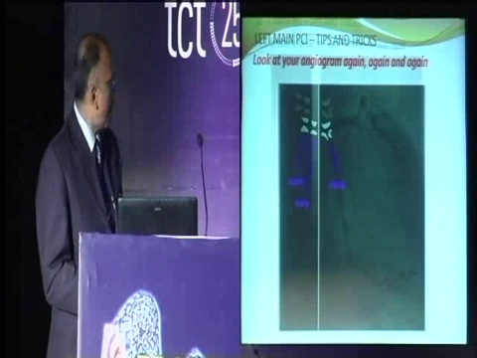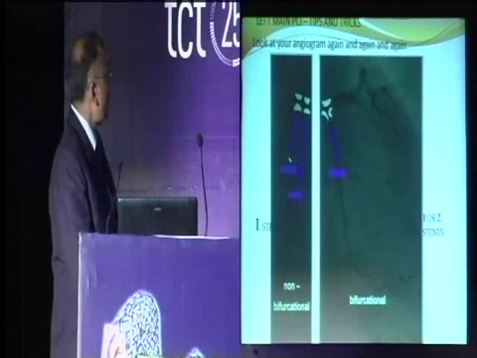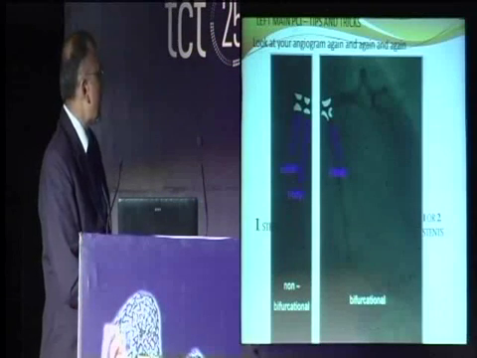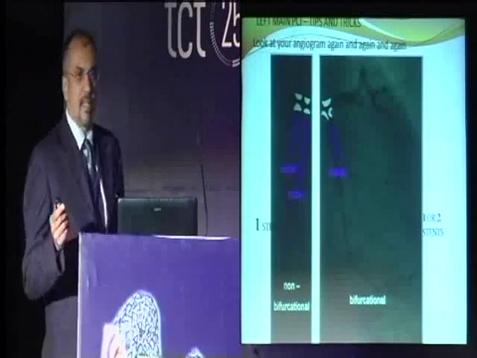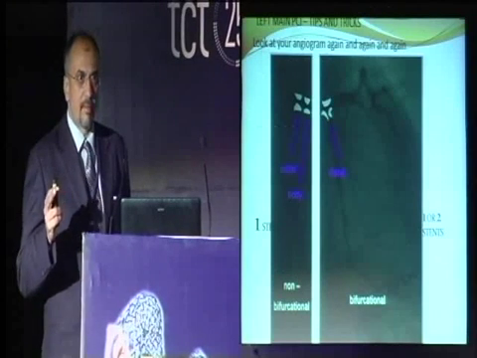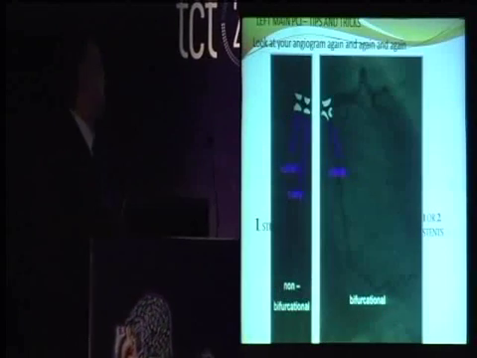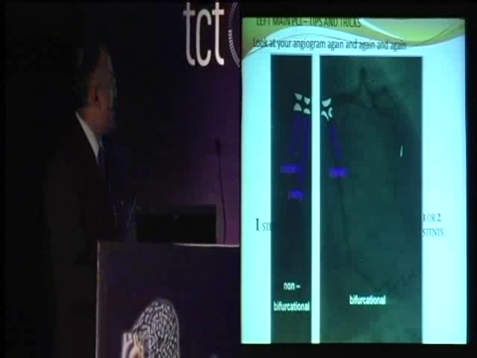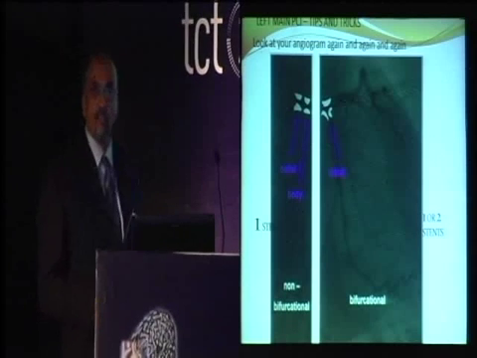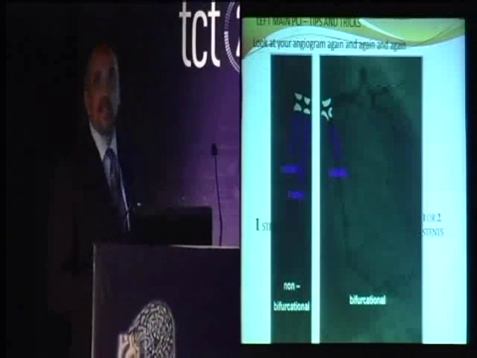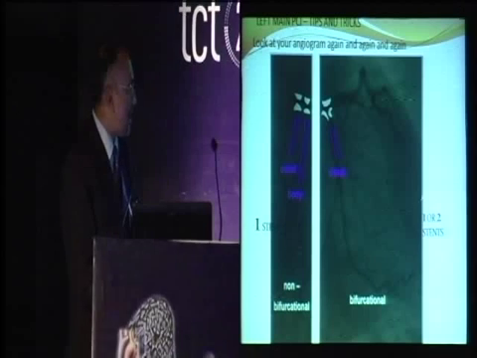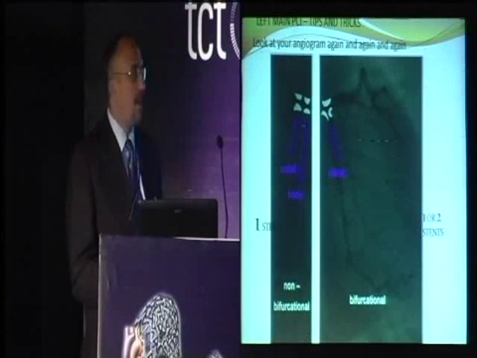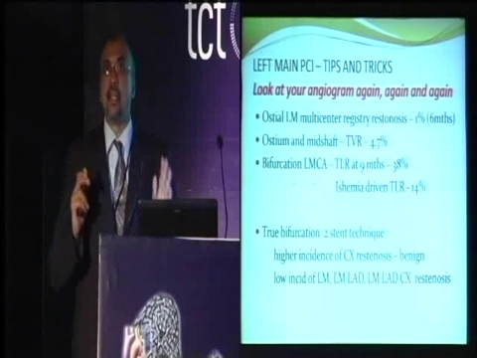The ostial and body angioplasty of a left main is a single stent strategy, whereas a distal angioplasty of the left main is a bifurcational angioplasty, and either can be one stent or two stents. These are two totally different strategies and totally different entities.